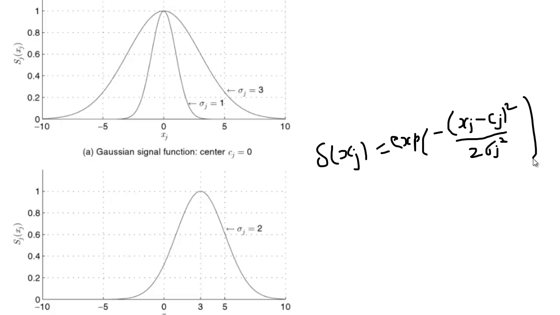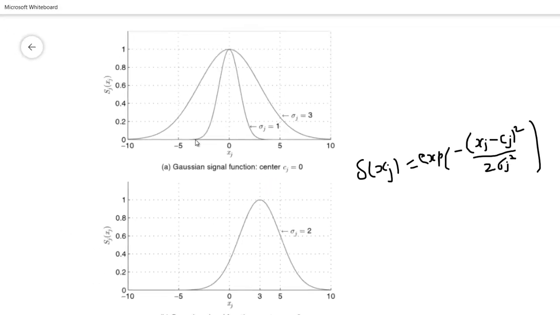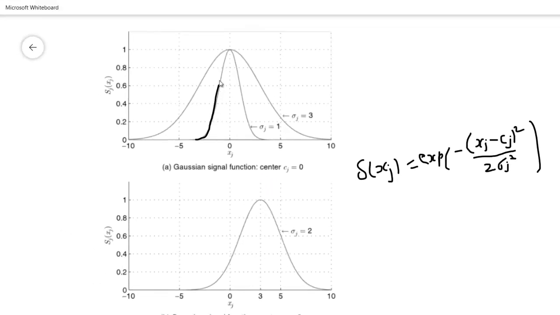Now see this diagram. Here Cj means the center is 0, so you are getting the Gaussian signal function with its exact center at 0. In the second diagram, the center is equal to 3.